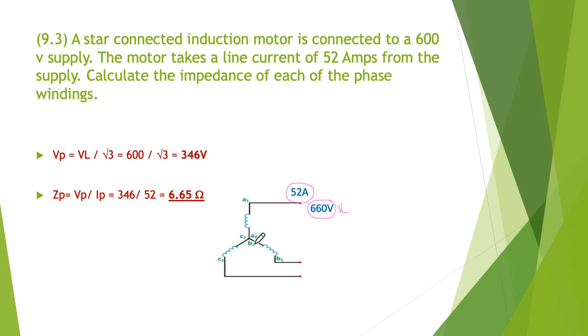But to find out the impedance across just one phase, we will need to have I phase, but we'll also need volts phase.